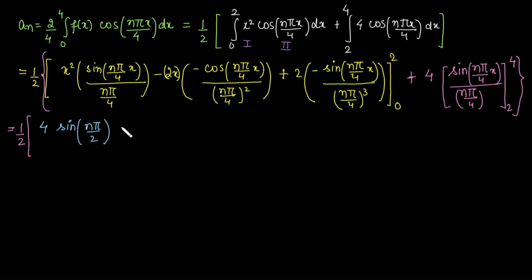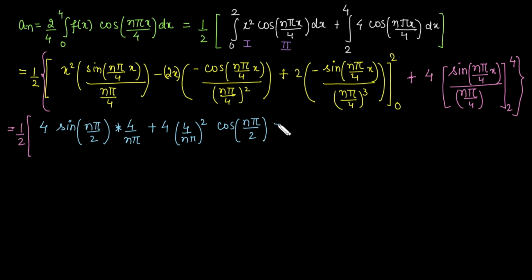Now this term can be written in reverse form, that is 4 by n pi, because it is in a denominator. Negative negative is a positive. X is replaced by 2. We have 4. This term is reversed, so we have 4 by n pi square cos of n pi by 2, because we have replaced x by 2 in this case, and that 2 is cancelled out with the help of this 4, and we have 2 in this case.